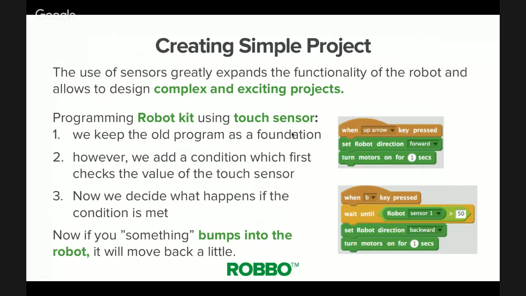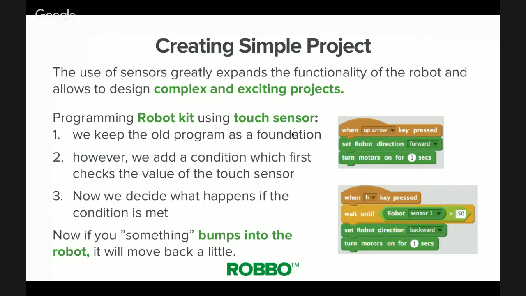Right now we will use the touch sensor, and the program says that when the B key is pressed. Really important, if you have several programs designed at the same time, use different signs for the programs.